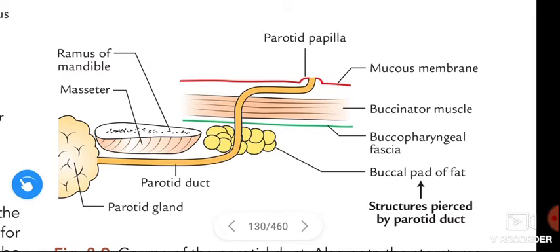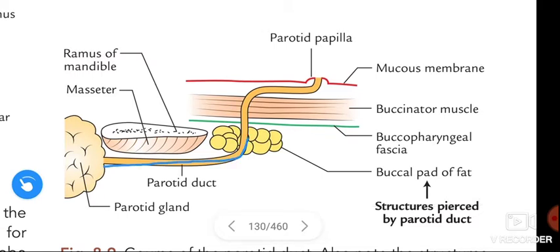After emerging from the parotid gland, the parotid duct runs forward over the masseter muscle between the upper and lower branches of the buccal branch of the facial nerve, and it takes a 90 degree turn.